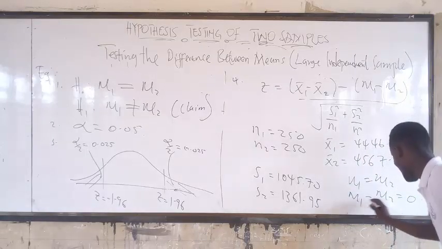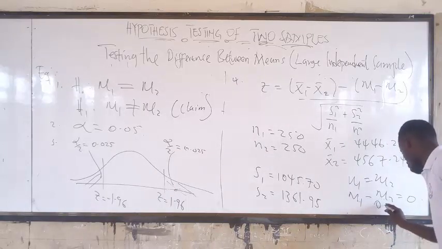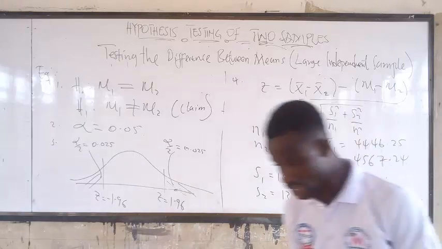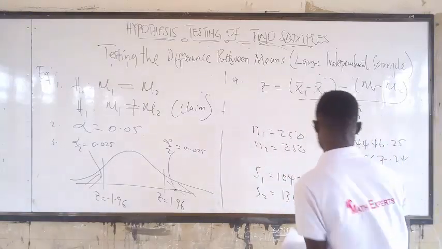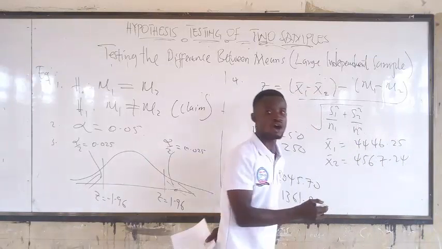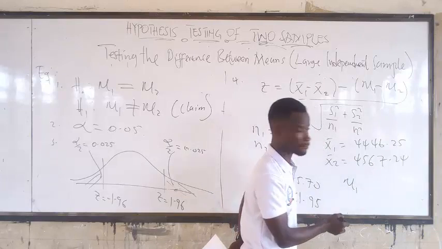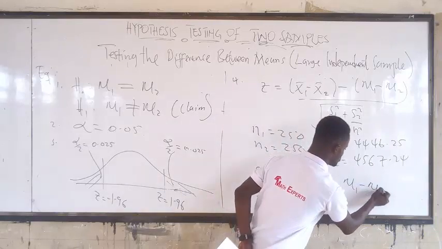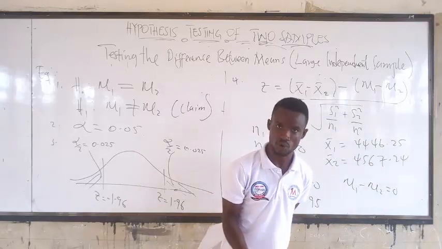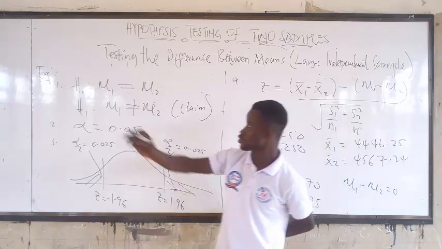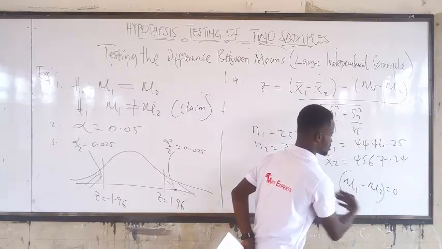And this is the same thing, so everything will be 0 equals 0. That is why that thing there will go to 0. Or you can also say that we are saying mu1 minus mu2 is equal to 0. Simple. All this is 0.